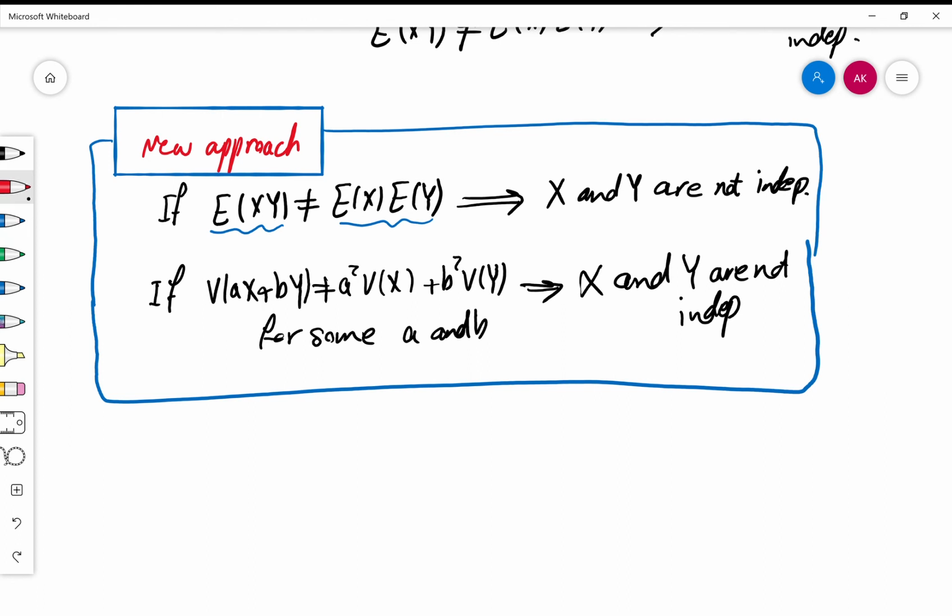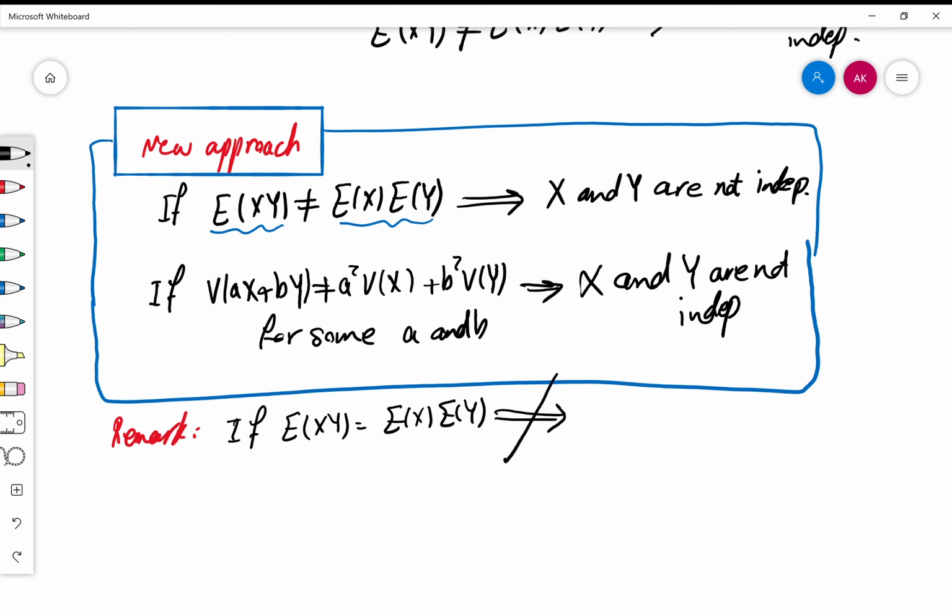Just before I leave, I want to remark that it is very important to understand that if E[XY] is equal to E[X] times E[Y], you cannot conclude anything. This is not a good action to do. If this equality is true, you cannot say that X and Y are independent.